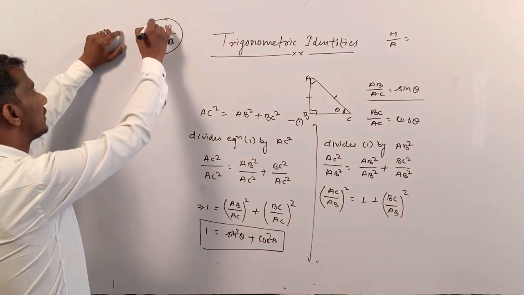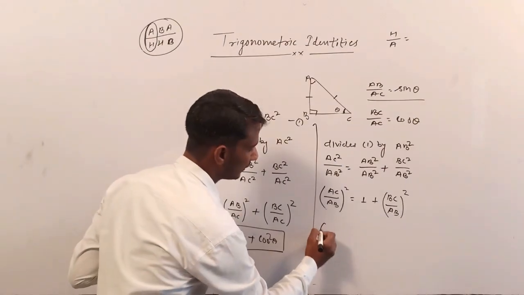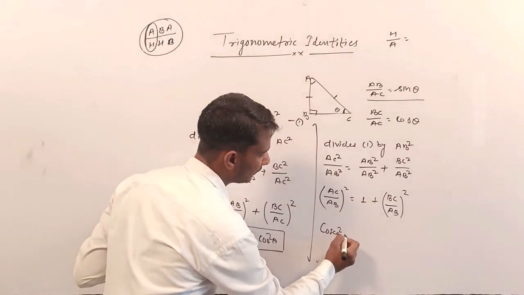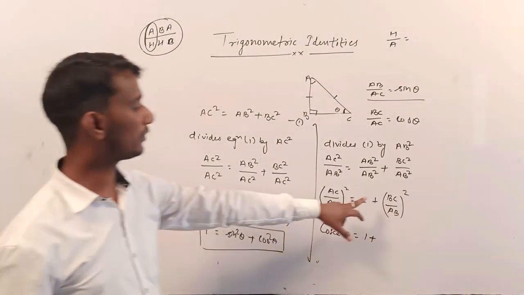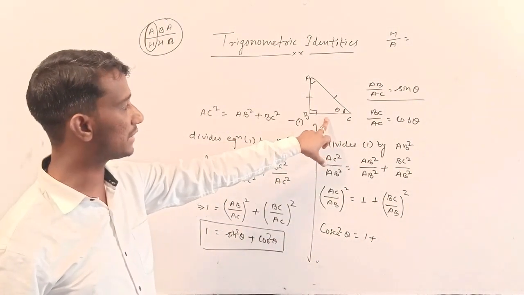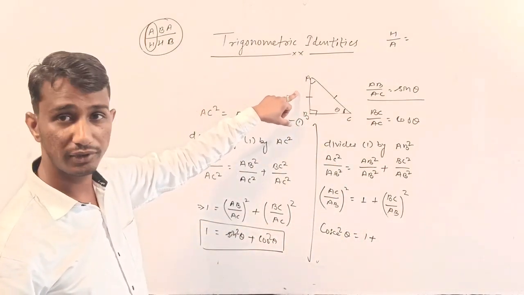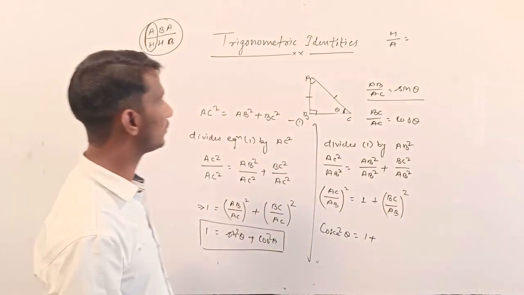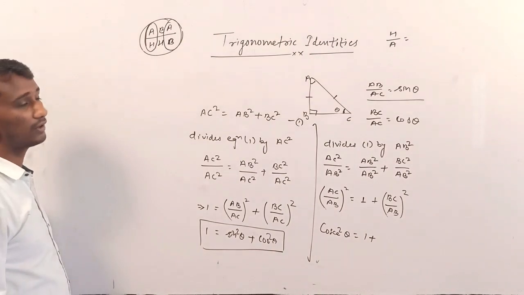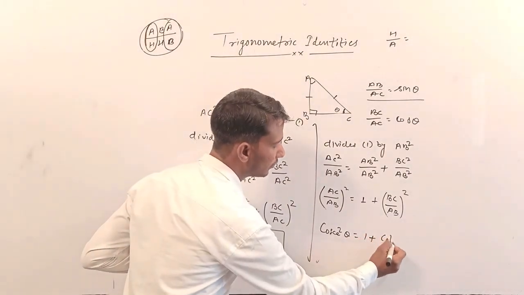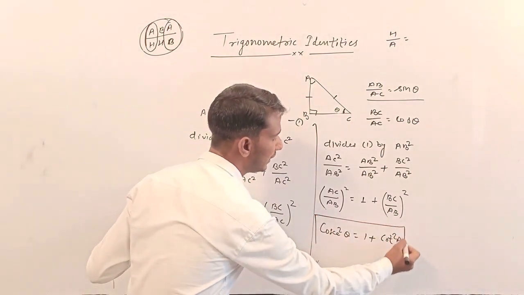Hypotenuse upon altitude is the reciprocal of sine, which means cosec. So cosec square theta equals 1 plus BC upon AB. BC represents the base and AB represents the altitude, so base upon altitude, which is represented by cot, the reciprocal of tan. So we can write cot square. This is our second trigonometric identity.